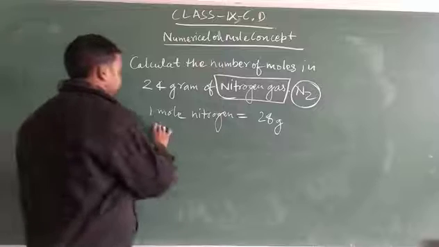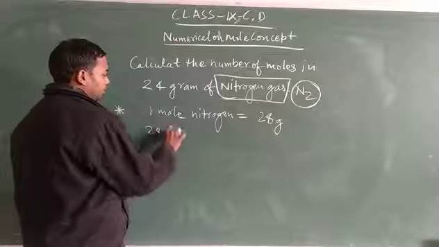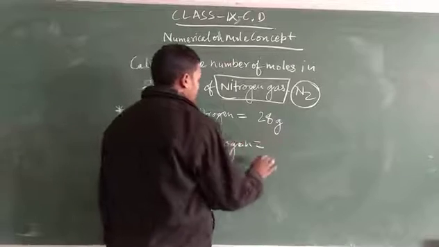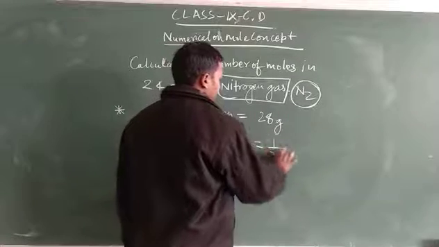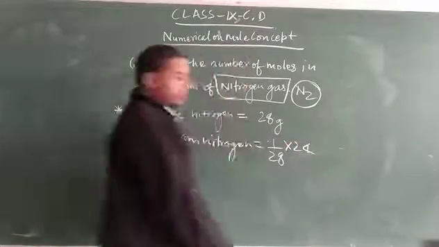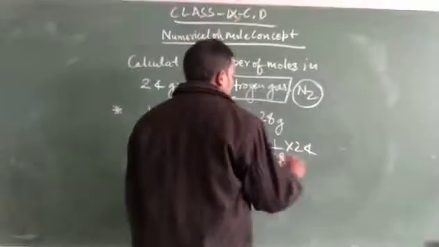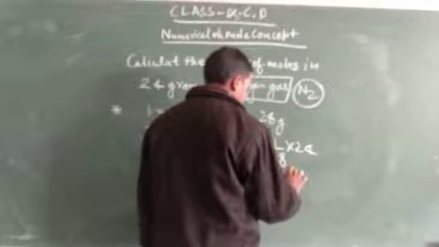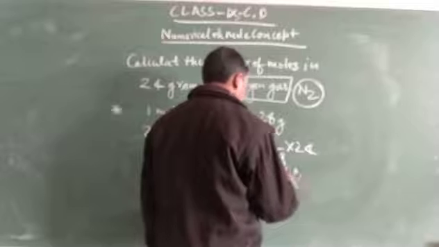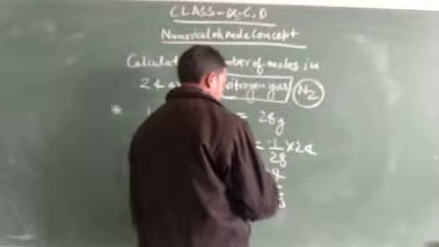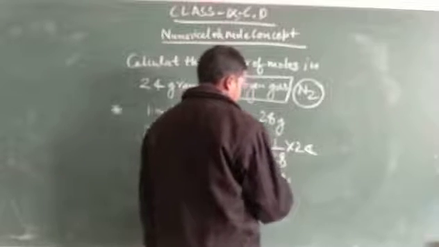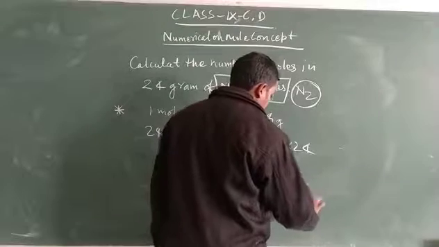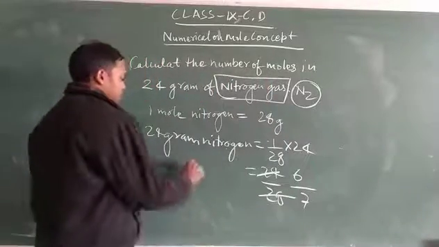So here 24 gram nitrogen will equal to 1/28 into 24, and then 24/28. Dividing by 4, 6 upon 7.